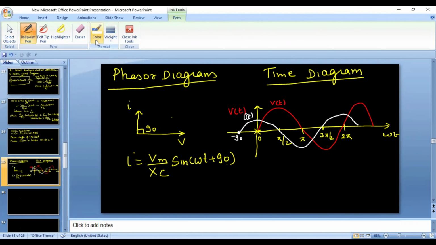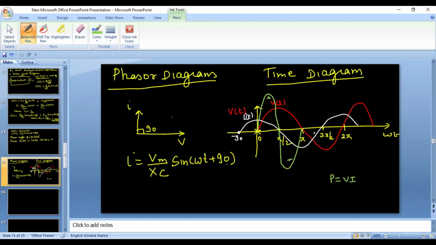Now, as far as the power diagram is concerned, what is power? Power is basically a multiplication of voltage and current. You can see here from 0 to pi by 2, current is positive and voltage is positive, so the power loop is positive because the multiplication of two positive quantities is always positive. From pi by 2 to pi, voltage is positive but current is negative, so the multiplication of these two values will be negative.